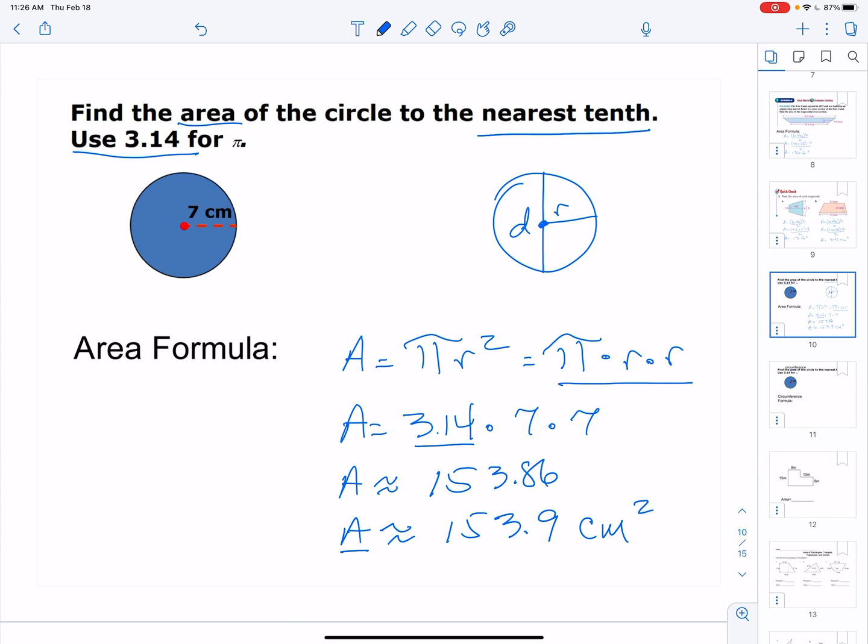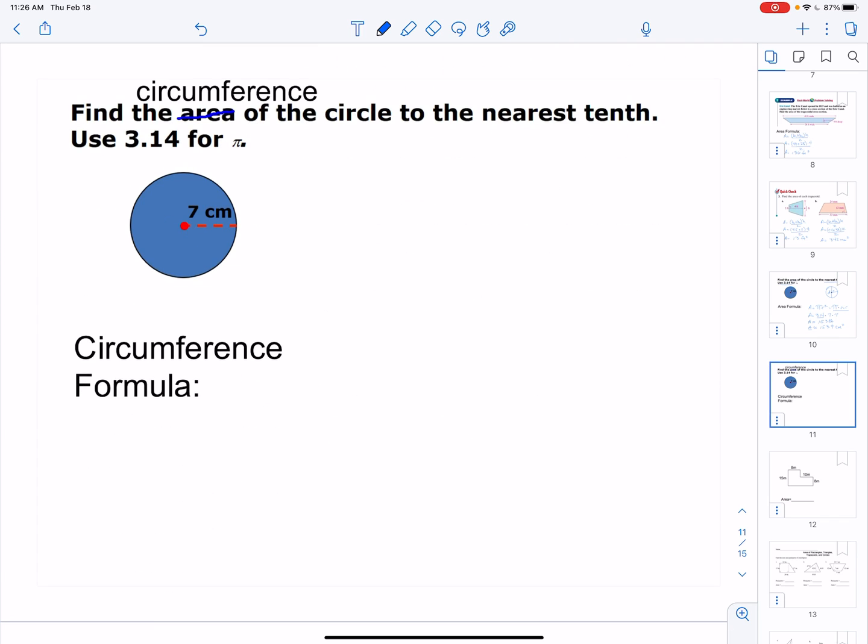It's really simple. Now, the other thing I ask you for is circumference. On this assignment, you're going to have to find the circumference of a circle. There are two circumference formulas. You can do C is equal to pi times diameter, or C is equal to 2 times pi times radius.